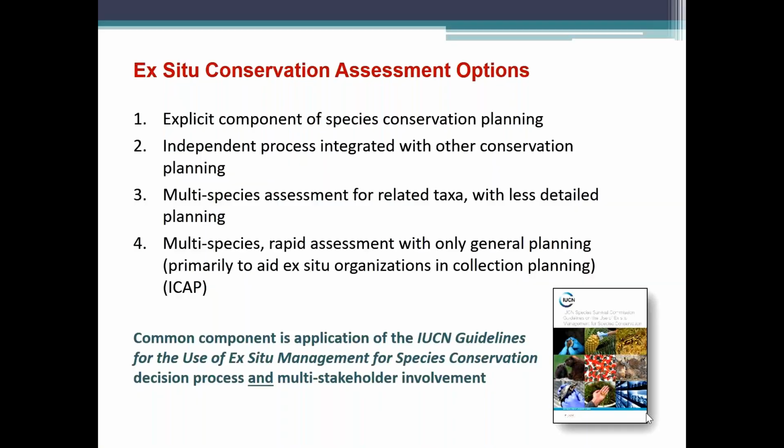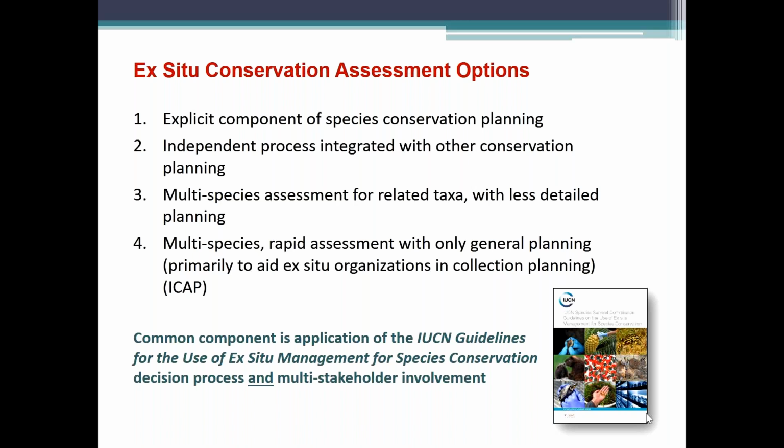So in summary, I've outlined 4 different ways, and there are more. These are the ways we've used so far, how to actually implement the ex situ guidelines. You can make it an explicit component of a comprehensive species conservation planning process, like a PHVA or a similar type of conservation plan. You could make it an independent process that just looks at ex situ feasibility, but you would want to integrate it with any other conservation planning that was done.